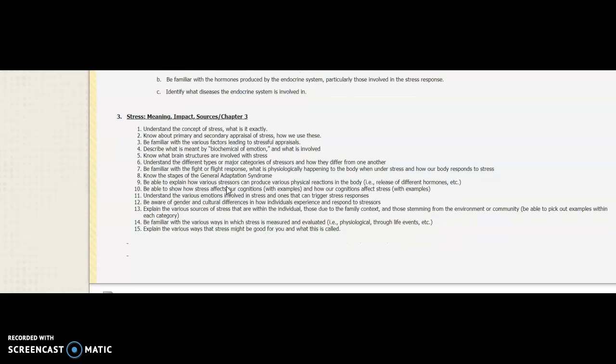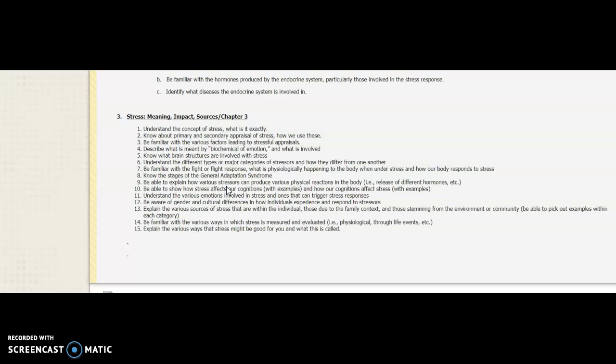And then the same thing for chapter 3. Here are the concepts that are going to be covered in chapter 3. We're going to be taking a look at stress and what it means exactly, how we appraise our stress. Not all stress is created equal. We have different appraisals of the stress that we face. So we're going to talk about primary and secondary appraisals and how we go about using those when we're faced with stress.